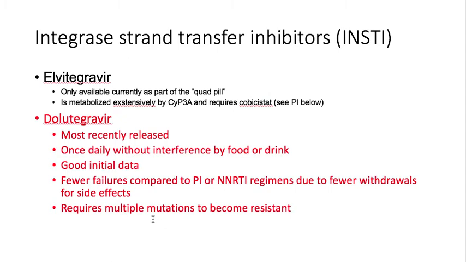Dolutegravir itself requires multiple mutations for clinical resistance to be seen. And when you combine that with two other generally nucleoside agents, which each require separate mutations, that requires a random event which changes multiple nucleotides at the same time.